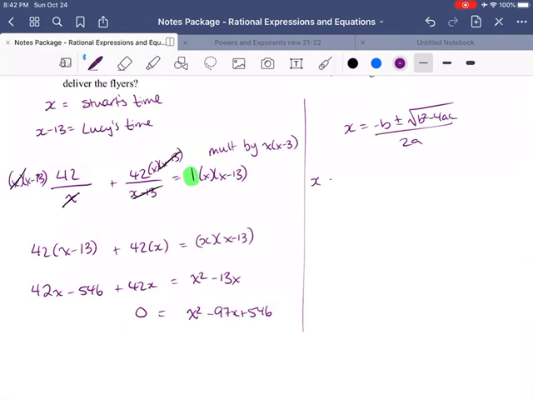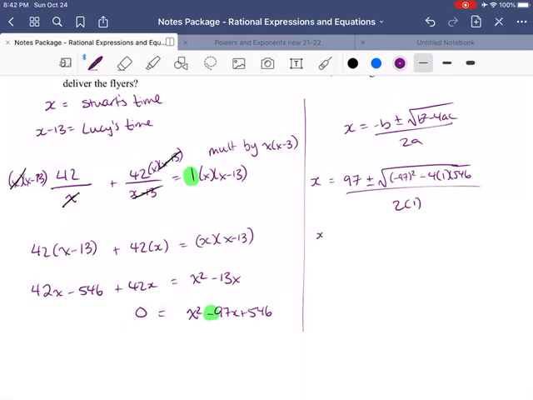So x is equal to 97. It was negative 97, but when we put it into the quadratic formula, it turns positive. So 97 plus or minus the square root of negative 97 squared minus 4 times 1 times 546, divided by 2 times 1.